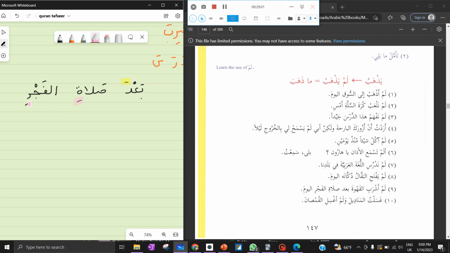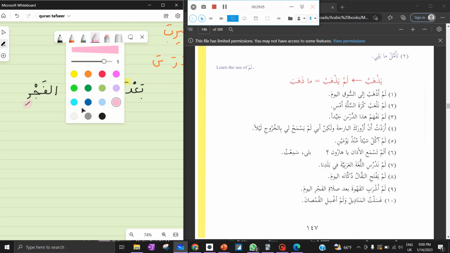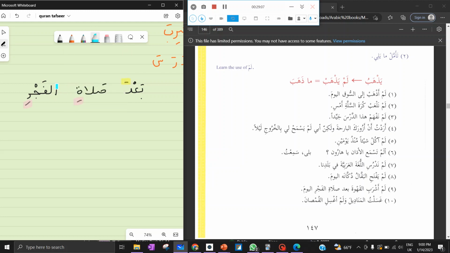And the last noun also has a single kasra. And what else do you see here? This is with al. These two nouns are without al. So the point to be noted here is that this is a zarf, this is our first noun, this is our second noun, and this is our third noun.